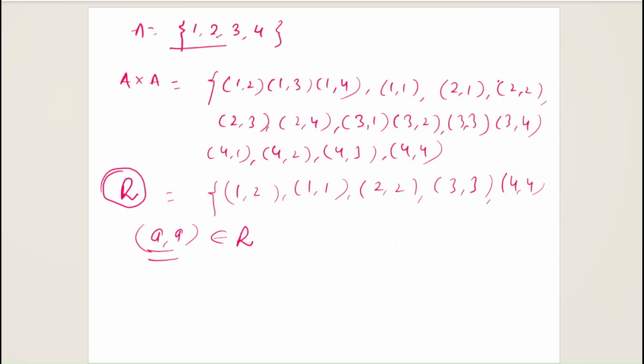You have 1, 2, 3, and 4. This relation R will be reflexive if it contains the following points: (1, 1), (2, 2), (3, 3), (4, 4). That means each element with itself, (a, a). So if the relation contains at least these elements, then such a relation is known as a reflexive relation. The set contains 1, 2, 3, 4, and the relation contains (1, 1), (2, 2), (3, 3), (4, 4).